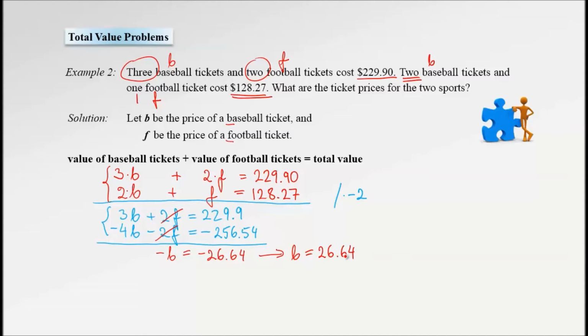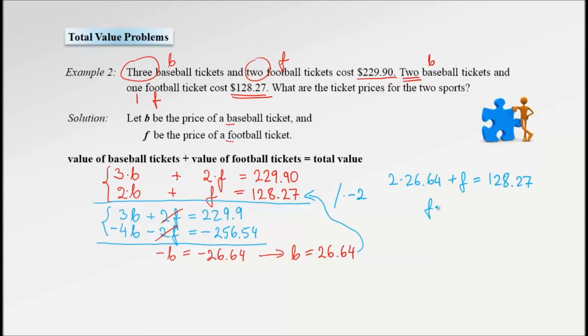Okay, but we need to find the price of the football ticket as well. So what we can do here is plug in this value for B into one of those equations. For example, let's choose the second equation. We have 2 times 26.64 for B plus F equals 128.27.